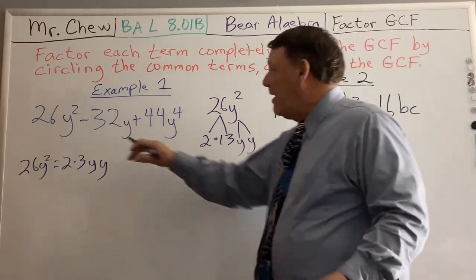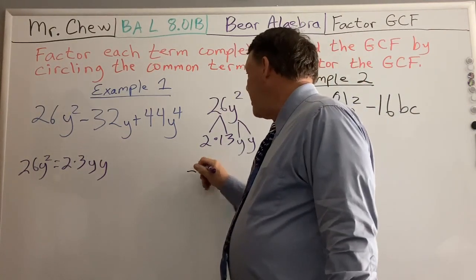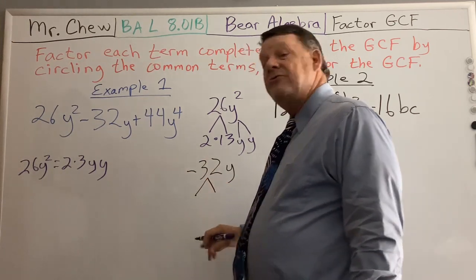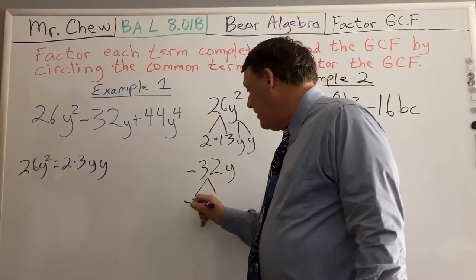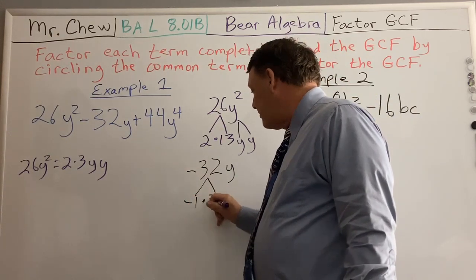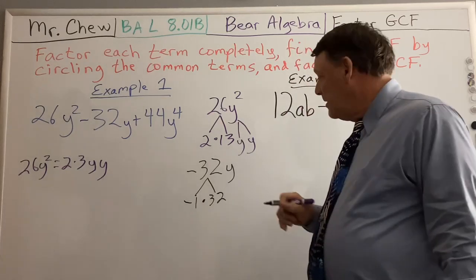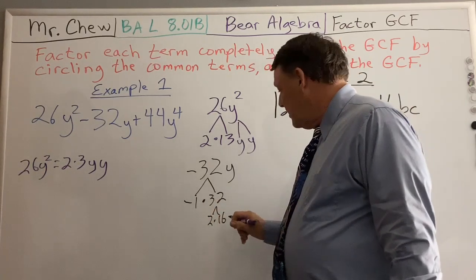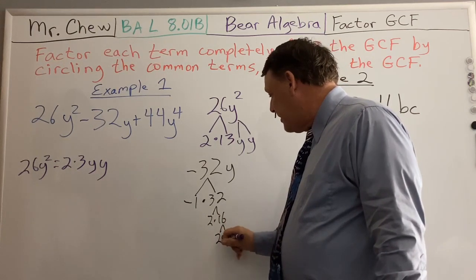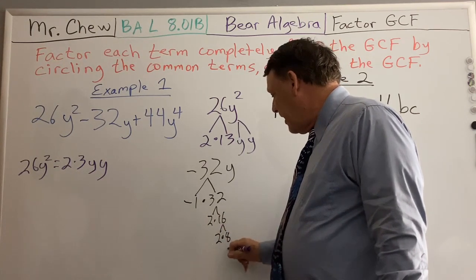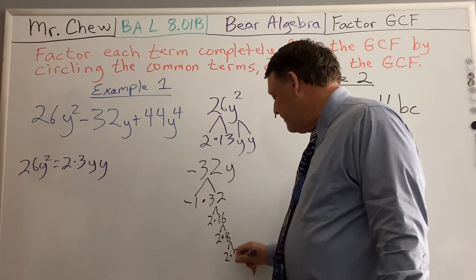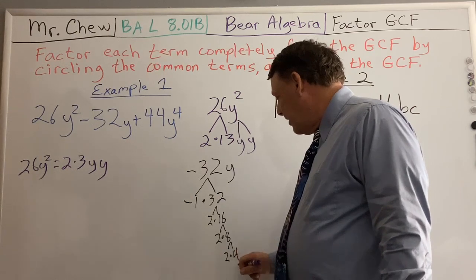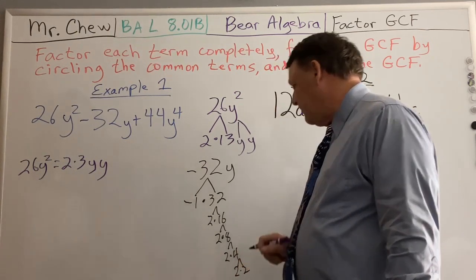So next I'm going to take my next term, which is negative 32y. And the first thing you have to factor out using a factor tree is my negative. That's negative 1 times 32. Now I take the 32, which is 2 times 16, and the 16, which is 2 times 8, and the 8, which is 2 times 4, sorry, and the 4, which is 2 times 2.